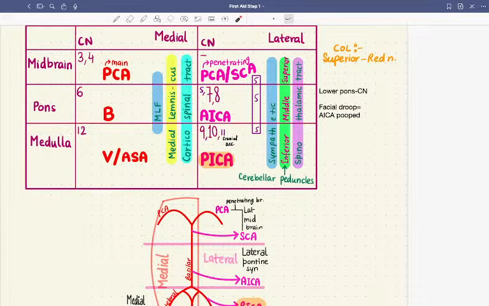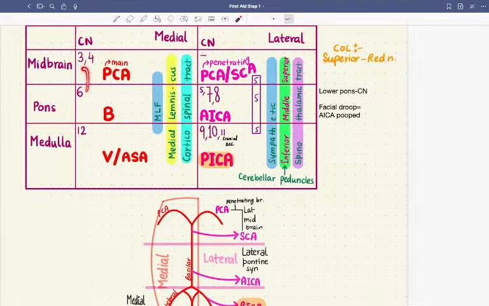Now what are the syndromes? Brainstem syndromes. First we had the superior colliculus, red nucleus, all this is fine. Lower pons, we have AICA. Facial droop will be seen in AICA, seventh nerve. And 5 is everywhere.